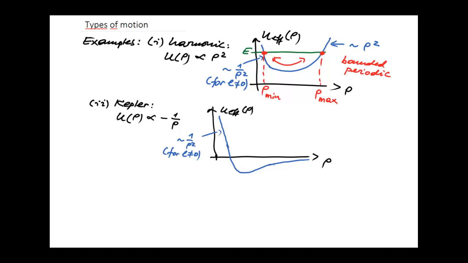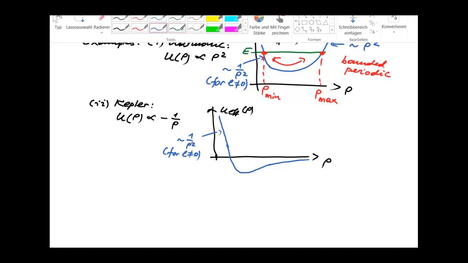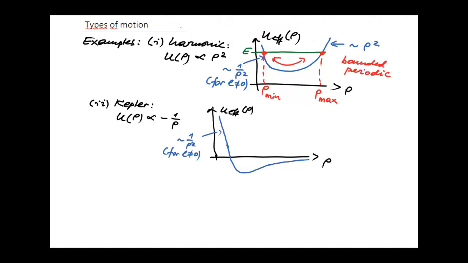And here you see already qualitatively that the situation is a bit more complicated than in the harmonic case. In the harmonic case, we saw that you always have bounded periodic motion. In the Kepler case, you have to distinguish two different scenarios. One scenario is where you have a total energy, let me call that E1, which is smaller than 0.